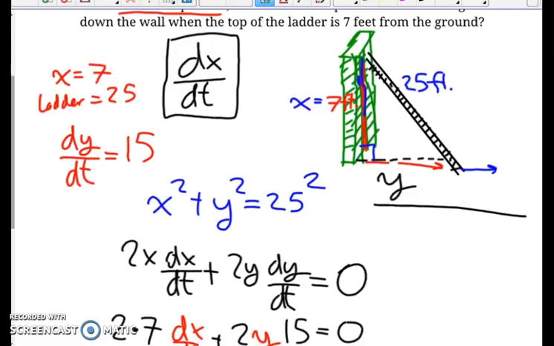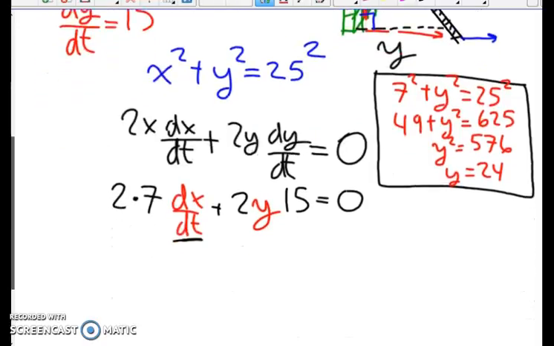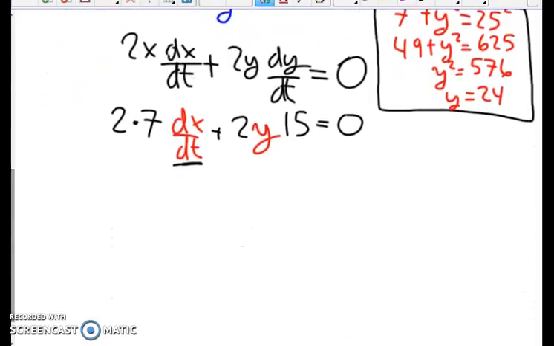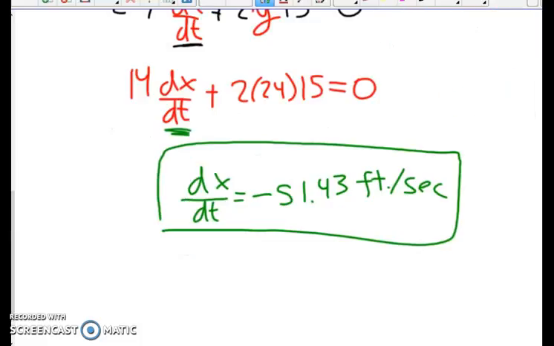So let's do a little side project here where we find y in this triangle. Okay, so you should get y as 24. So coming back here, let's sub in 24 for y. And now we have an equation with only one thing that we don't know, dx/dt, so we can solve for dx/dt. And that should be your final answer.